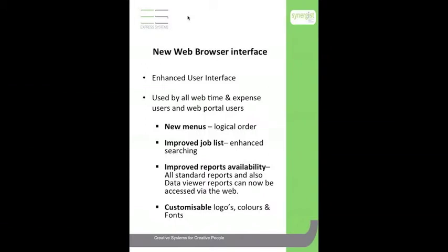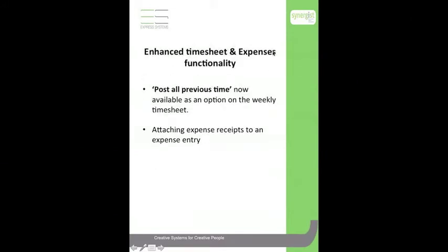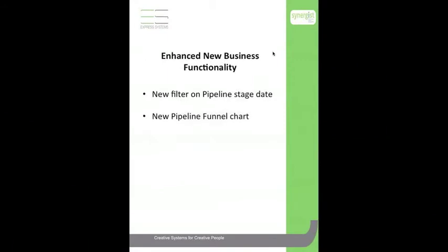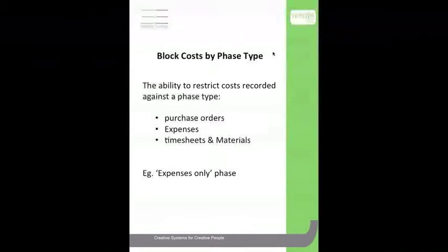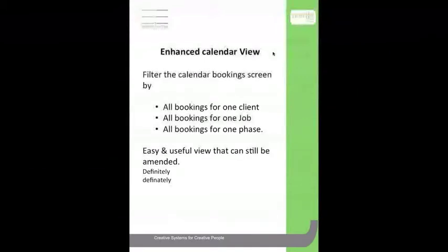But just really to go over that again, we've got that web browser interface, the postal previous time, and the attaching of expense sheets, the enhanced new business functionality there, and those pipeline stages and that funnel chart. The ability to restrict the type of costs recorded against a phase type could be useful in helping your Synergist system remain clean. And then we've got that enhanced calendar view for booking and filtering tasks.